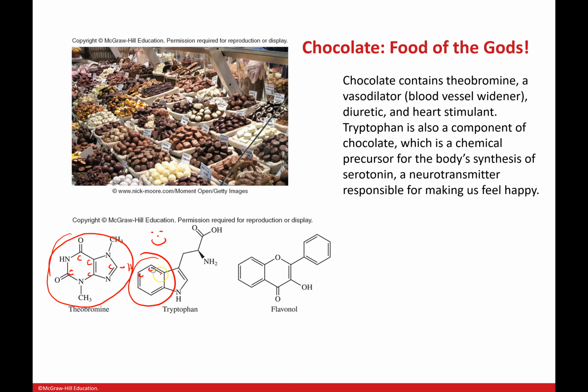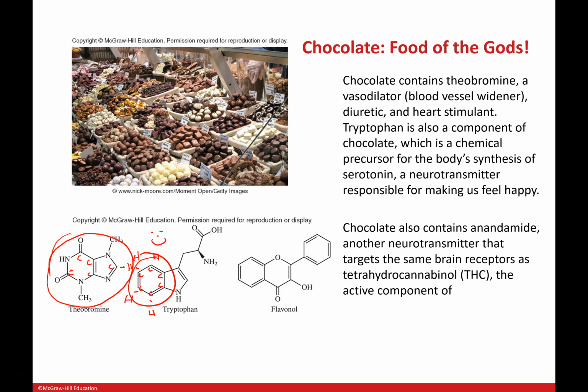If you count up bonds and all that, you're going to see that each of these carbons, at least the outside ones, have to be attached to a hydrogen. Again, just shorthand. We don't draw in those hydrogens. There's an H there, an H there, an H there, an H there. See how that works? So that's what the little lines mean in this drawing. Okay, very good. Chocolate makes us feel happy.